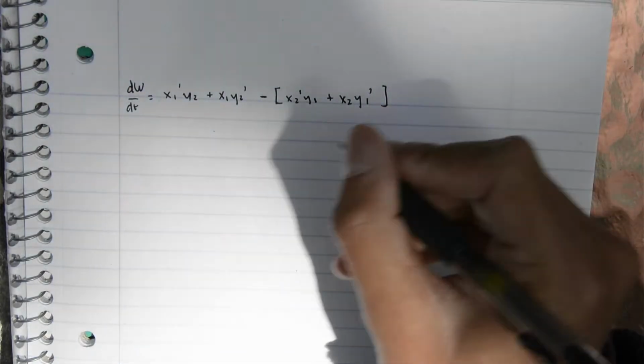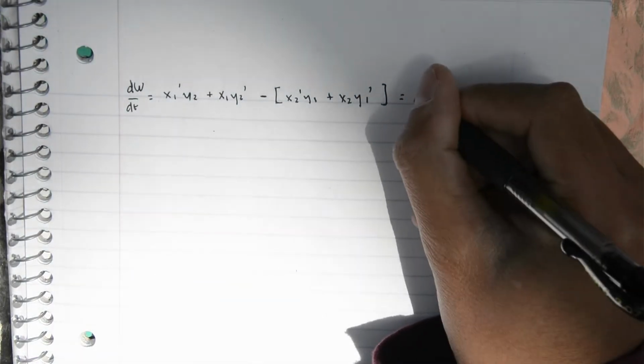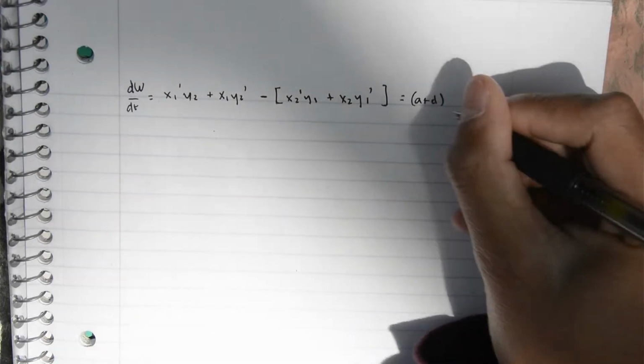And then what we're saying is that this is supposed to be equal to a plus d times W of t.